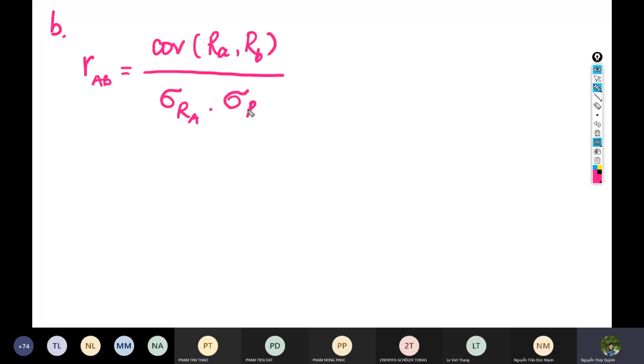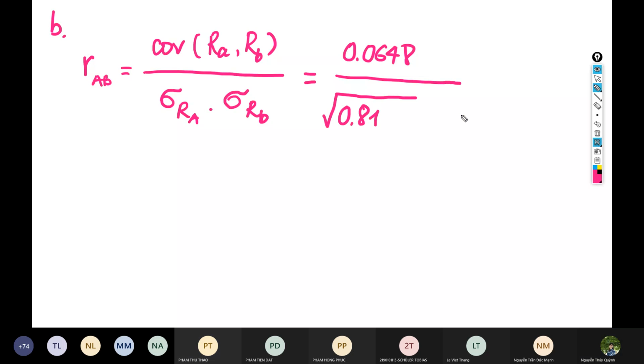And what is the covariance between RA and RB? It's 0.0648. All right. And the standard deviations are the square root of 0.81 multiplied by the square root of 0.0144.